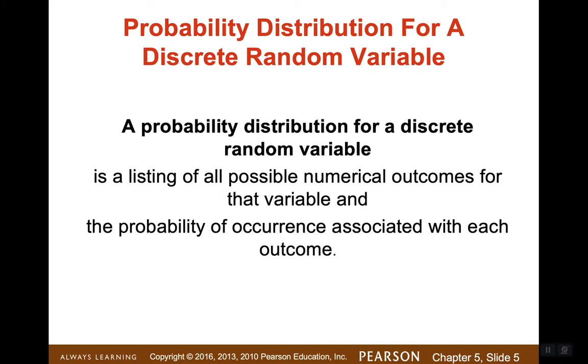So basically we have some number we've collected, and we're going to apply it against something that's going to have a stack of possible numerical outcomes.